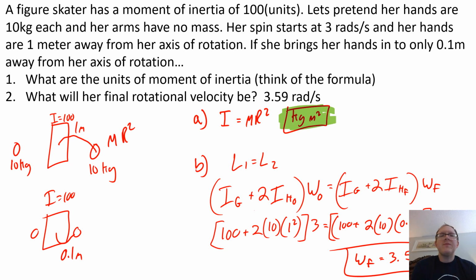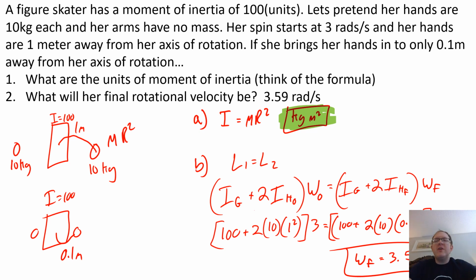The figure skater has 100 kilogram meters squared of moment of inertia. Let's pretend her hands are 1 kilogram each, and her arms have no mass. So her hands are going to be point masses. I don't want to deal with arms, too complicated. Her spin is at 3 radians per second, and her hands are 1 meter away. She's going to bring her hands in, so they're only 0.1 meters away.